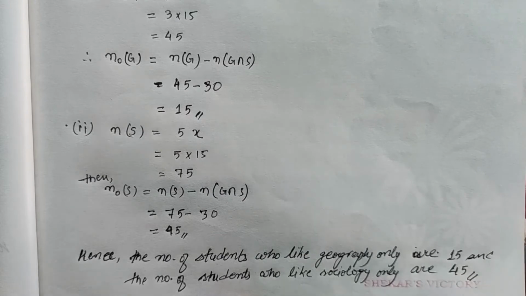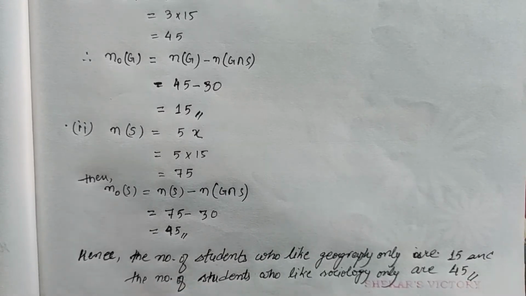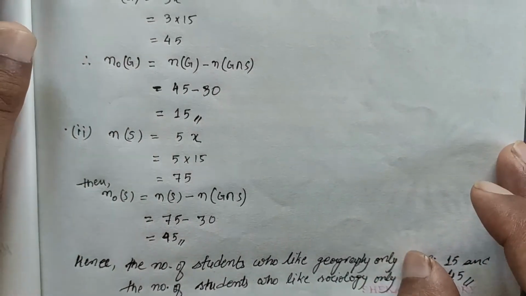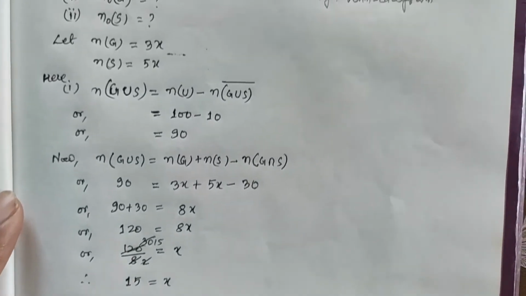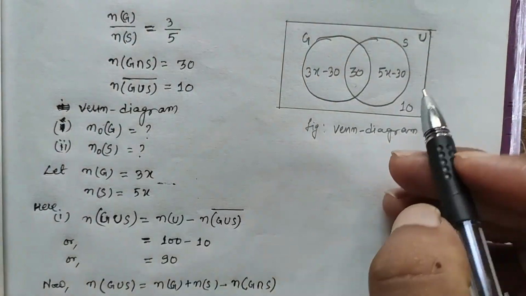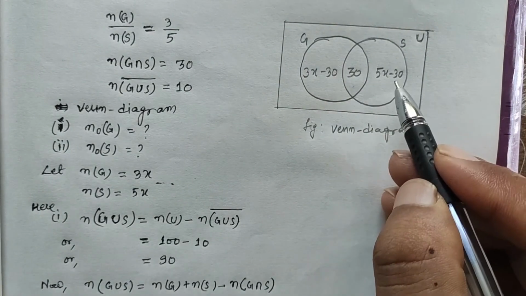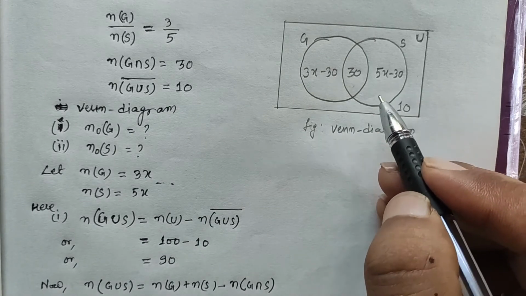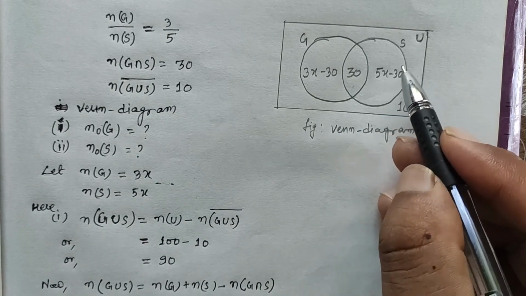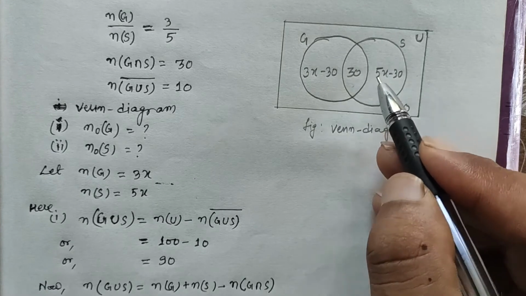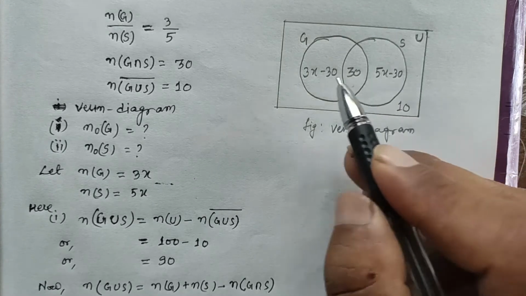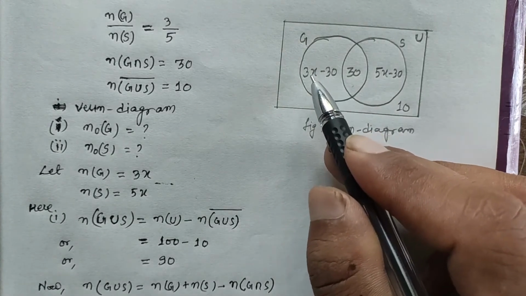So that's your result. In this way you can get the result. Or by using the Venn diagram, we can directly write it as 5x minus 30. After getting the value of x, you can directly find n only s as 5x minus 30 and n only g as 3x minus 30.